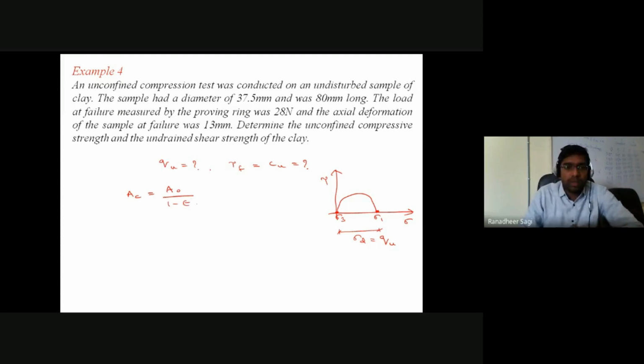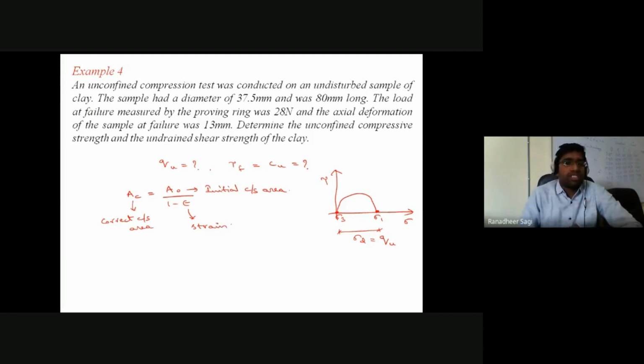Where A naught refers to the initial cross-sectional area, AC refers to the correct cross-sectional area, and epsilon refers to the strain.